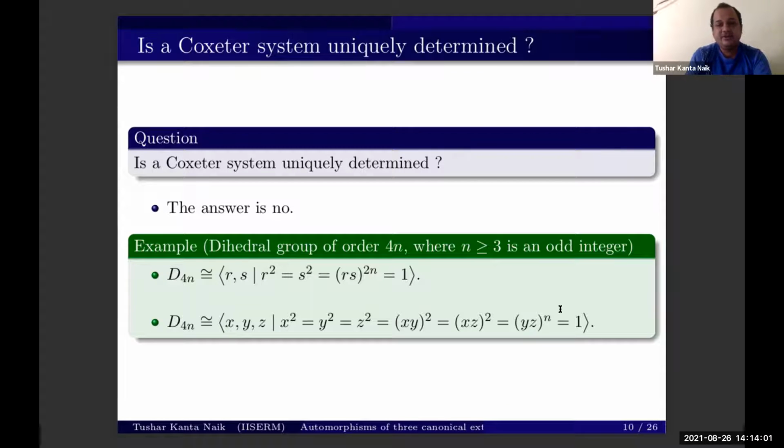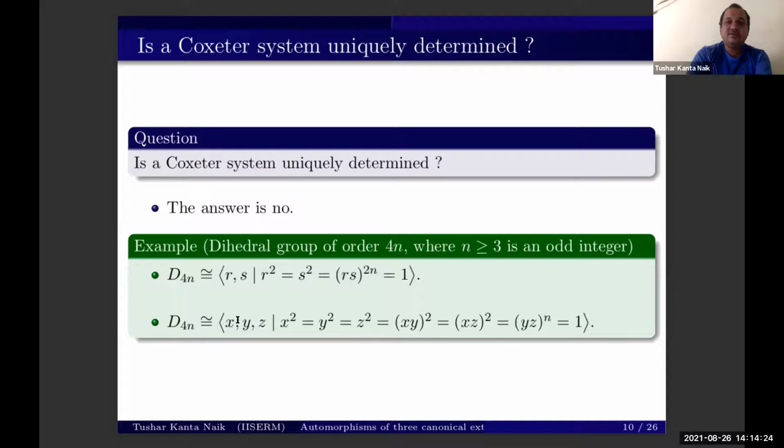You can see that both are Coxeter presentations, as the only relations are of the form which we require for a Coxeter system. Here the rank of this dihedral group is 2, and here the rank is 3. So the rank is not an invariant: a Coxeter group can have many different Coxeter systems.